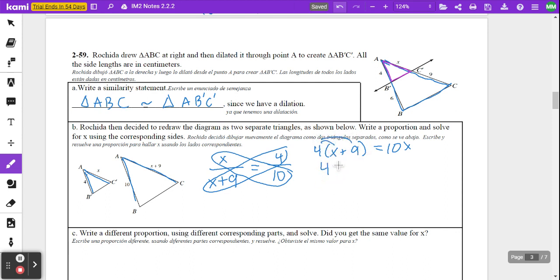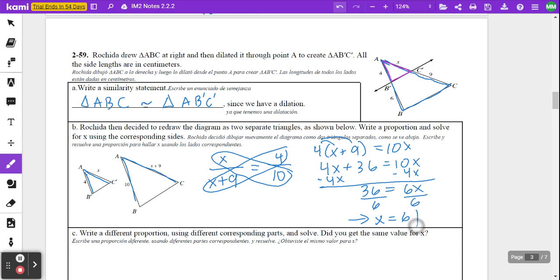I have 4x plus 36 equals 10x. I want to get my variables all on the same side of my equation. I have 36 equals 6x. Now I'll divide both sides by 6 to get x alone, which gets me x is equal to 6.